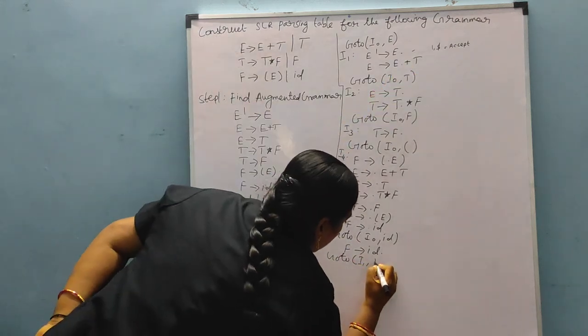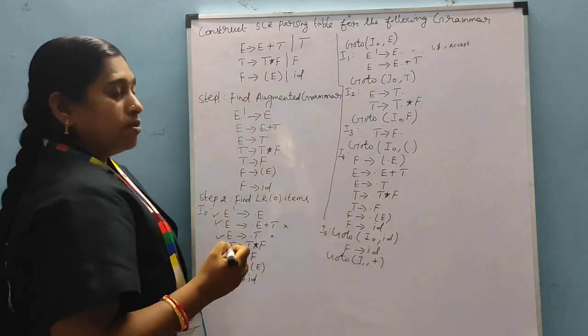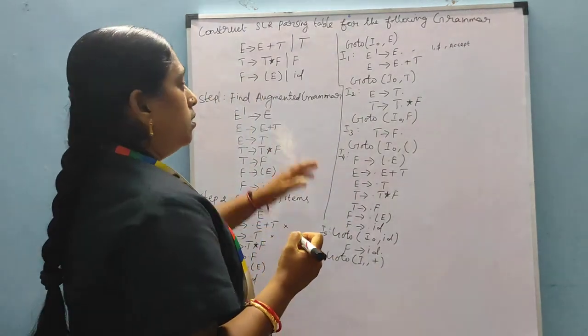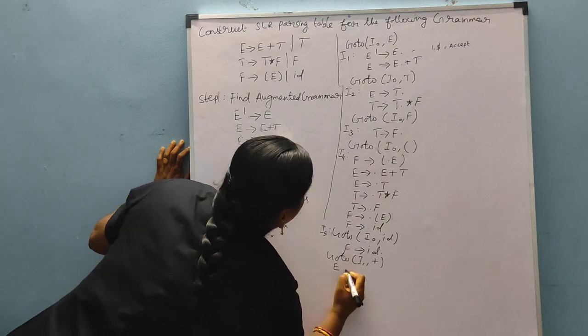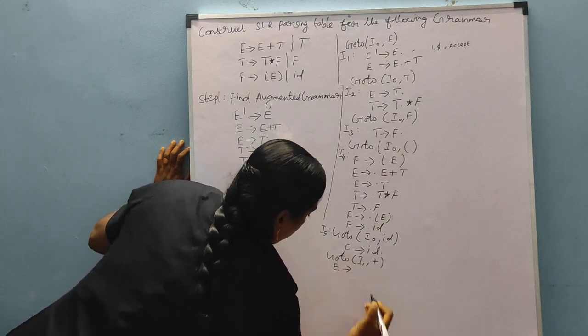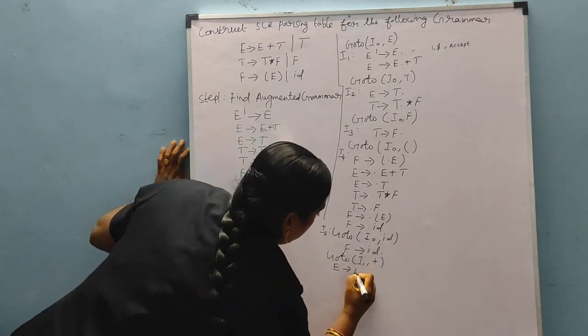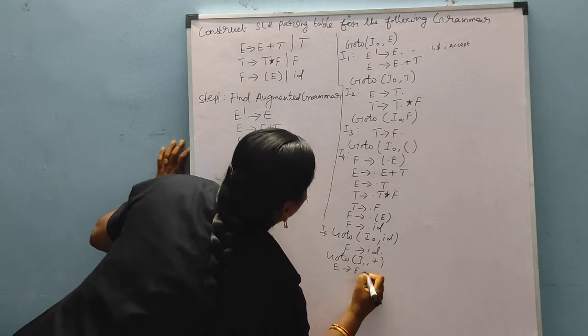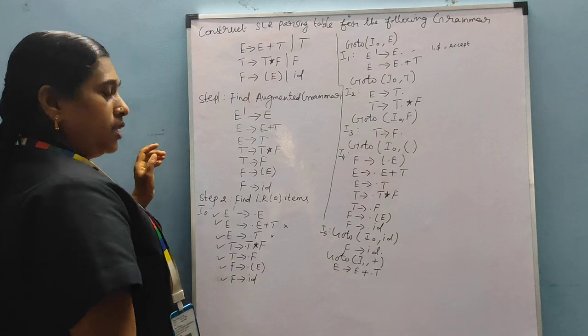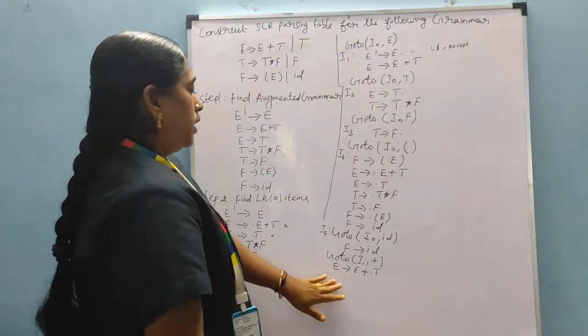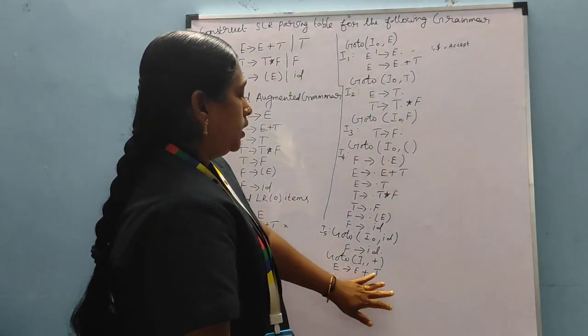That is the terminal value plus. Terminal value plus. So now we can move. E tends to E dot, no, E plus dot T. Isn't it? So E tends to E plus dot T.